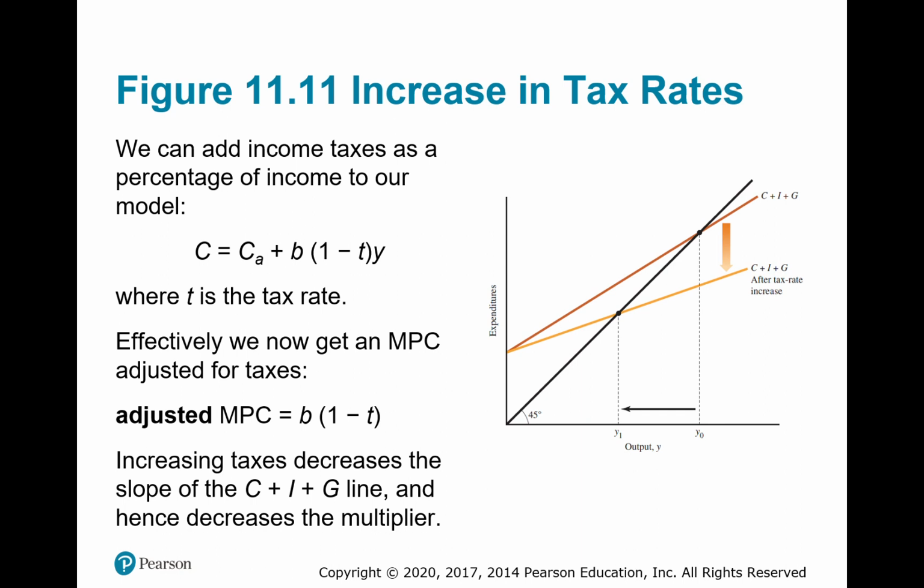Because you want to take that off of your actual marginal propensity. This is what we call an adjusted marginal propensity to consume. We have to take that off what we normally would spend, and give us what our net spending habits are going to be.